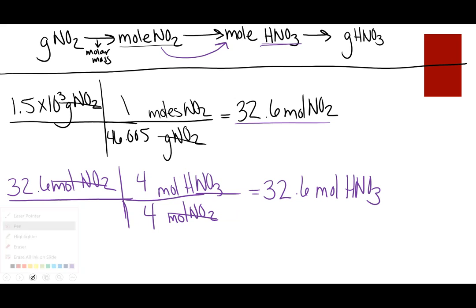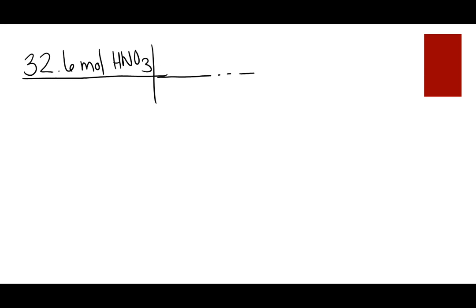All right, so the last step is going to be going from moles of HNO3. The problem is asking about grams of HNO3. So we need to make that last step to grams of HNO3. All right, so we're going to start with the information from the last step. So 32.6 moles of HNO3. Do my train tracks. Still going to let my units guide me. So moles of HNO3. And what unit are we interested in?